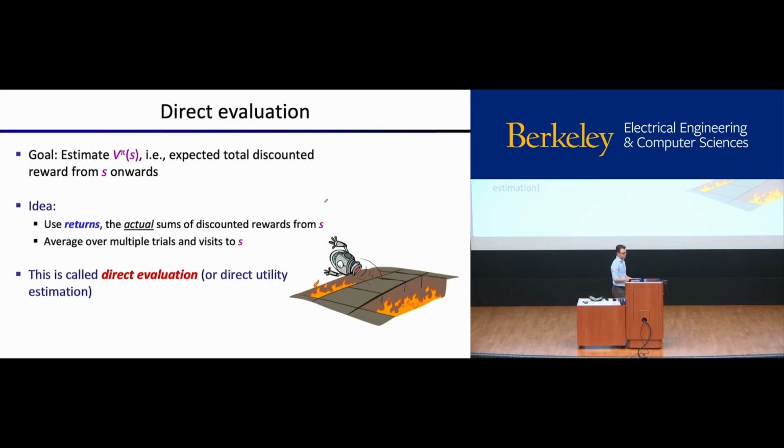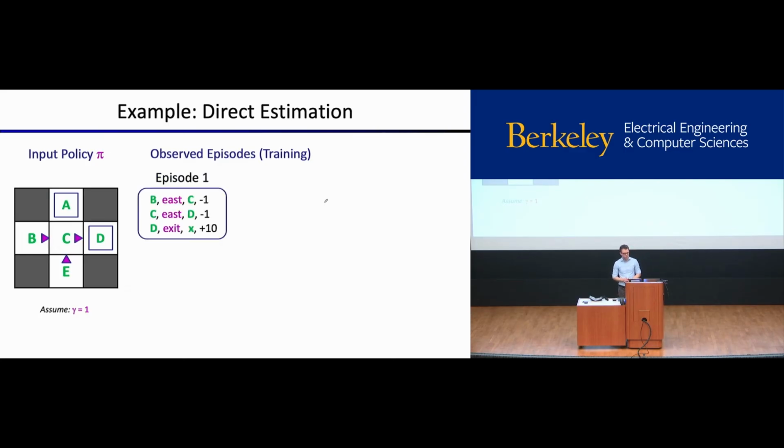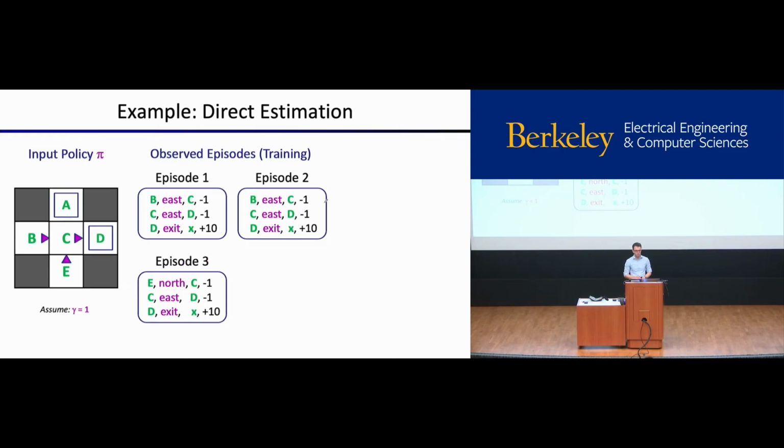Our average expected utility. So we take some policy, we put it into our 5-state grid world, and we observe some episodes using that policy, right? Here's episode 1, here's episode 2, episode 3, episode 4.